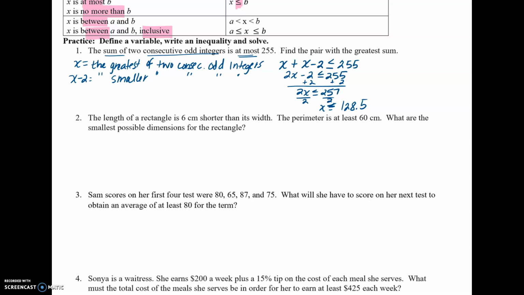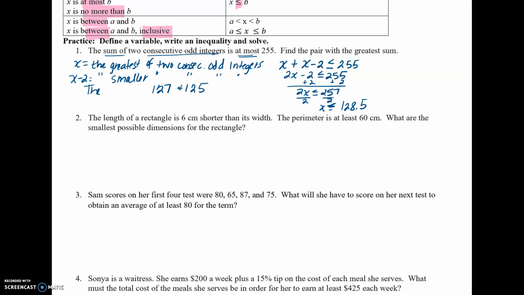If you think about what comes before that, the integer is 128, but 128 is not odd. So the greatest one that's going to work is 127, and then one right below that, which would be less than, would be 125.